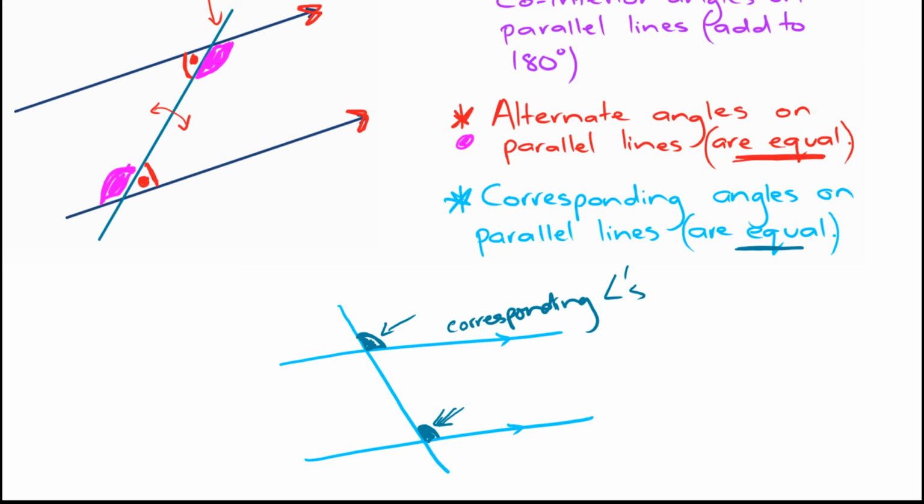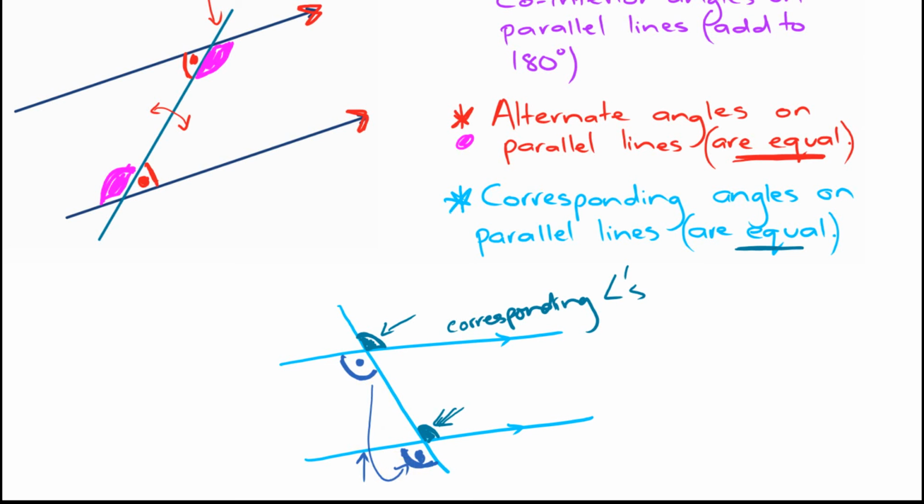Another pair of corresponding angles would be, there are 4 pairs of corresponding angles on parallel lines. If I look at this angle here, the angle there, so that angle there is associated with this line, with that parallel line. The other corresponding angle with this one would be this one here. So that angle there corresponds with this angle here.